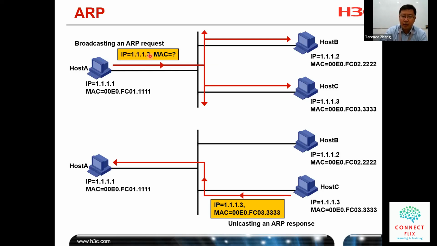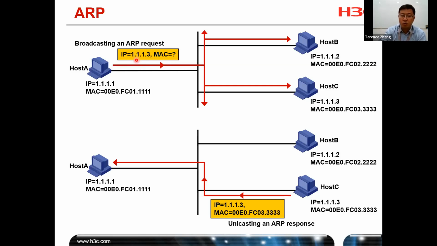That means the application layer wants to find 1113 and communicate with it, right? At layer 3, the information is enough, because the network layer knows the destination is 1113. Then layer 3 passes this packet down to layer 2, but layer 2 does not know where to send it, because the IP address belongs to the network layer.